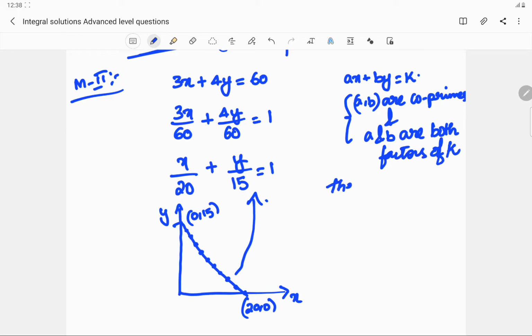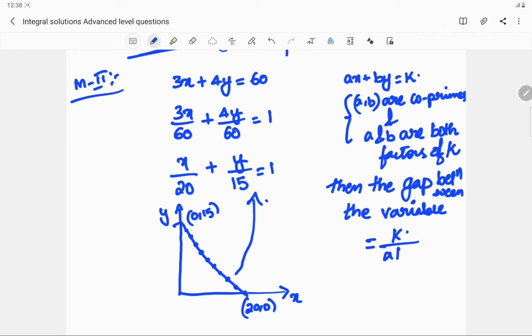Then the gap between the variables, that is a, b, is given by k divided by a into b.